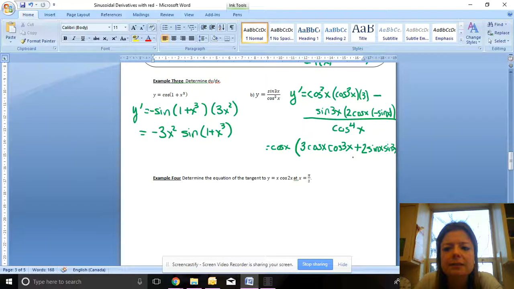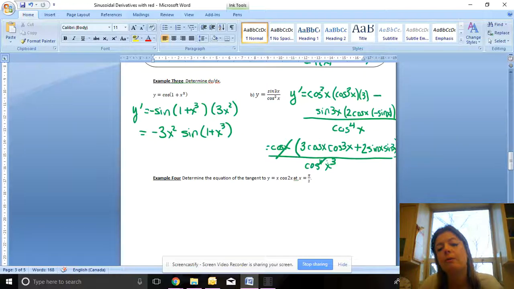That's an x. All over, and then end the bracket there. All over cos to the power 4 x. So then we can cross off one of these and one of these. So you have it like this. So just this on top with cos to the power 3 x on the bottom.